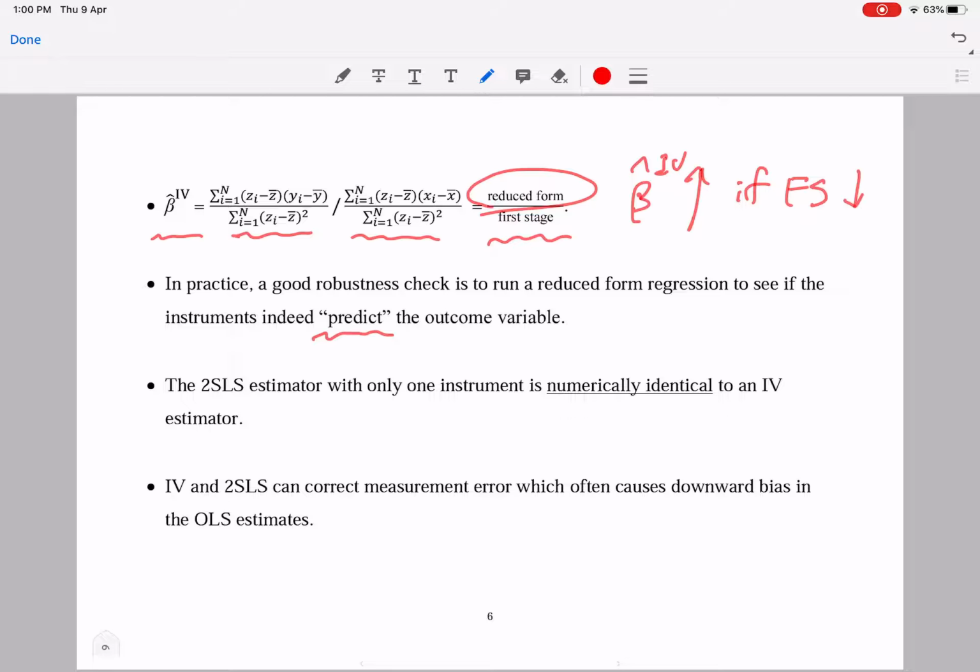But if I have household income reported by the husband and household income reported by the wife, then instead of using only one or the average of the two reported incomes, one way you can do is to use the husband's reported household income as an instrument for the wife's reported household income. And that actually can fix some reporting or measurement error.